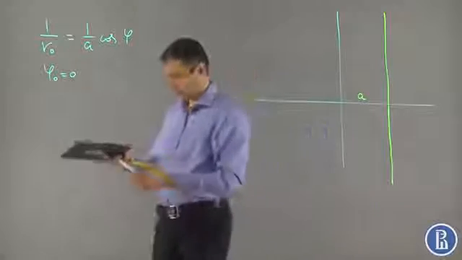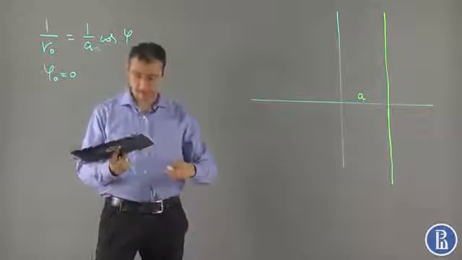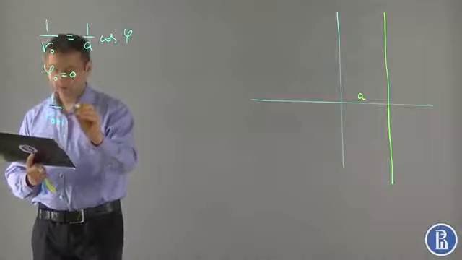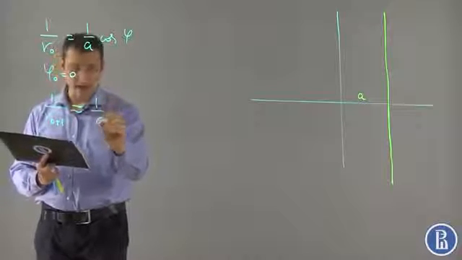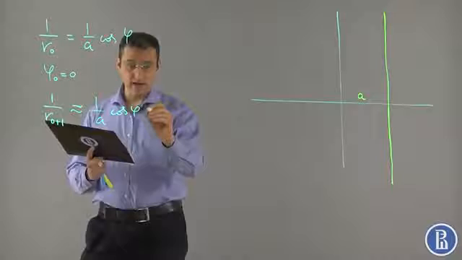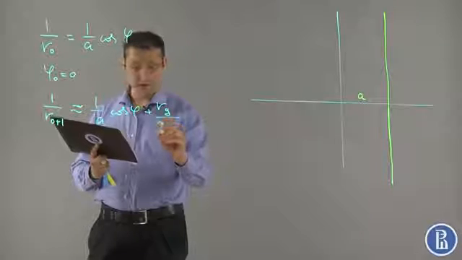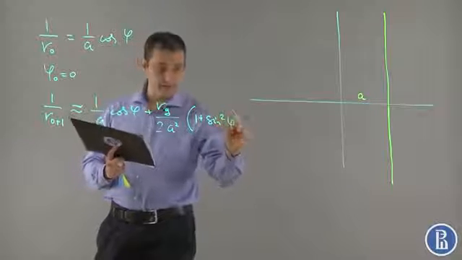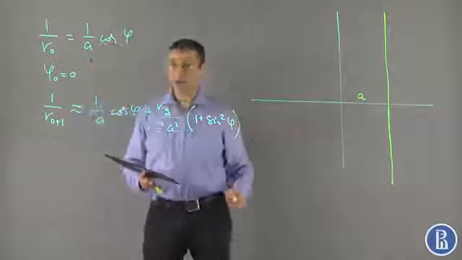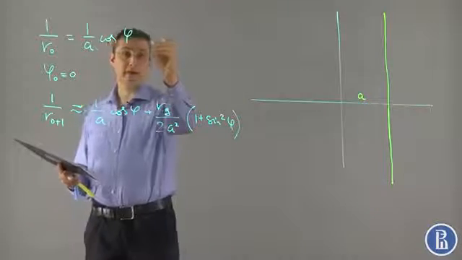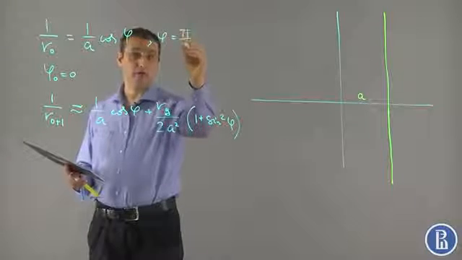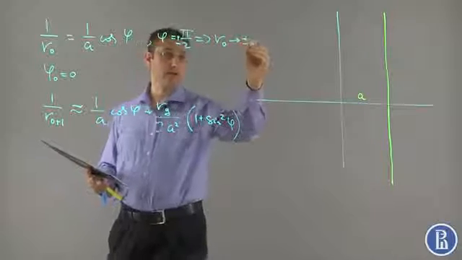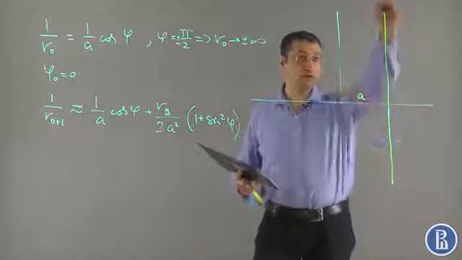Now, if we take into account the relativistic correction from general theory of relativity, 1 over r0 plus 1 is approximately 1 over a cosine phi plus Rg divided by 2a squared times 1 plus sine squared phi. While when phi is equal to pi over 2 plus minus, we have r0 going to plus minus infinity. So that corresponds to going there and there.